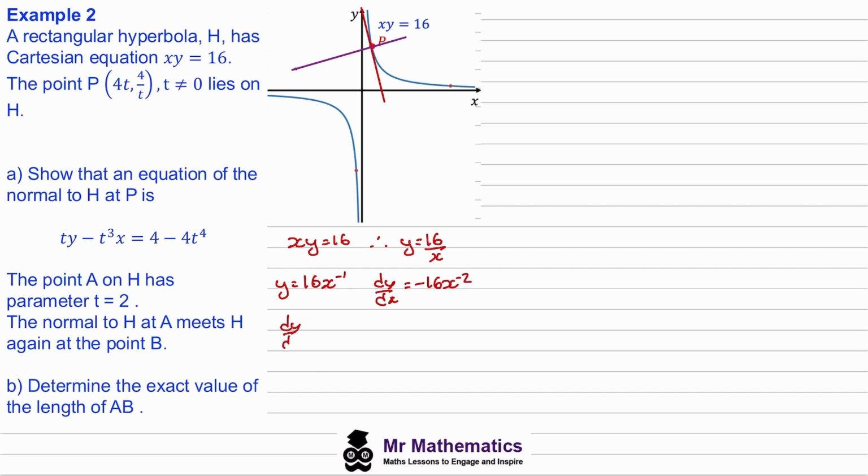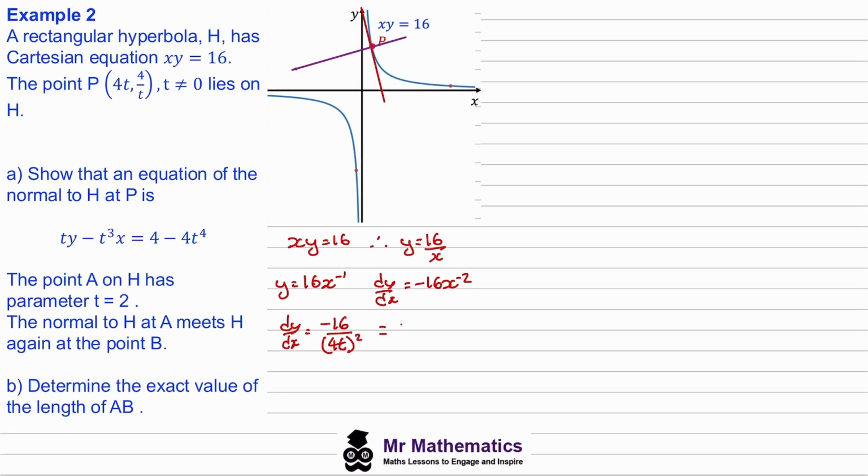So we get dy by dx will equal negative 16, and then for the x term, we know this is 4t. And because we're looking at a negative 2, I'm going to write this as a denominator, so this will be over 4t squared.